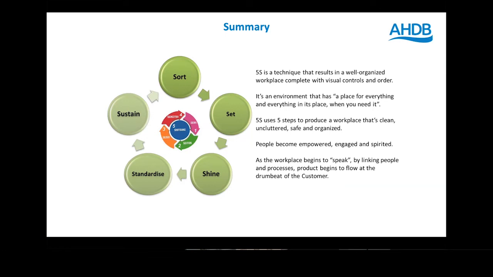And then the sustain bit of it is getting everybody to work this way. New starters, anyone joining the business, anyone coming on a temporary basis, they all pick up on these 5S principles quickly and adopt them quickly. So it's not just a one-off activity, it's something that you keep repeating over and over again, which is why this is shown as a group of circles with arrows indicating a continuous improvement loop.